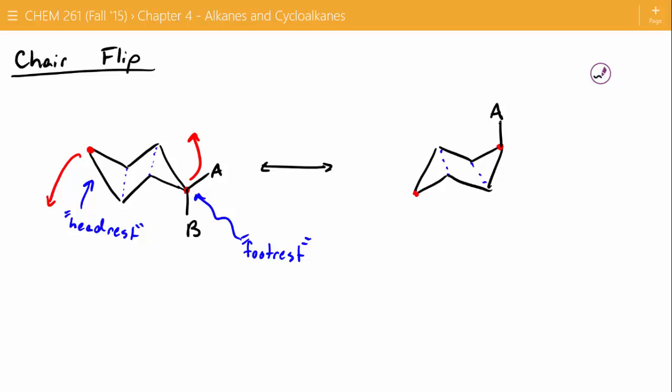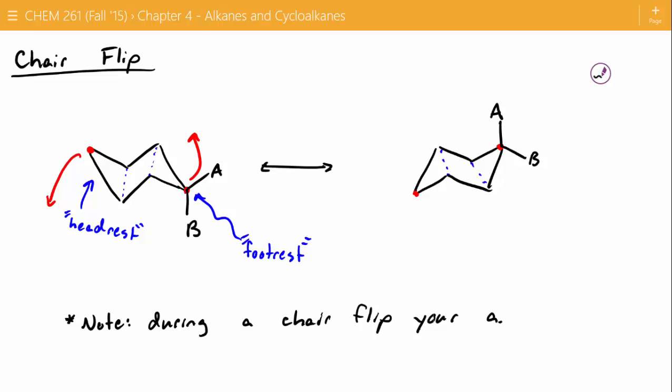And then B is going to be sticking over here, and it's going to be equatorial. So that's really important to note. During a chair flip, your axial substituents become equatorial. Just like you guys saw when I grabbed the headrest and footrest, the colors switched.